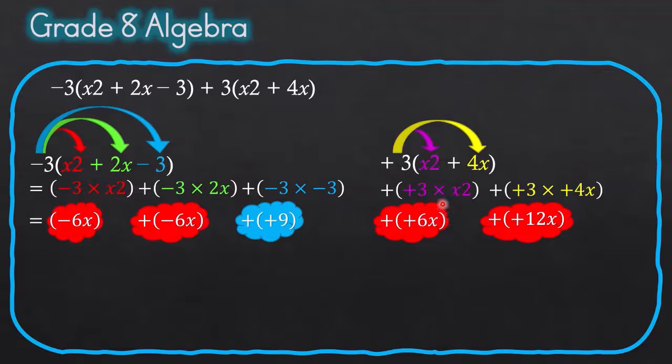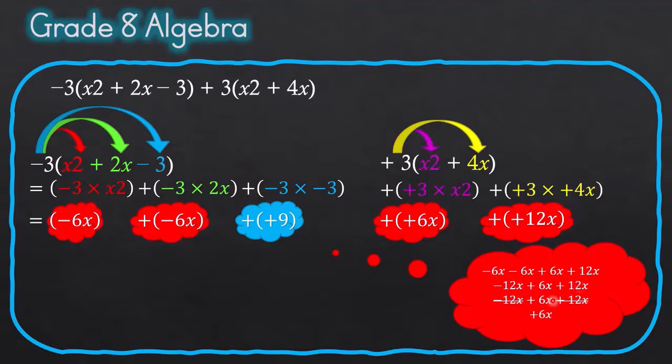If I add a positive 6, that gives me negative 6, plus 12 gives me a positive 6. Negative 6 and negative 6 gives me negative 12. I still have to add a positive 6 and positive 12. This negative 12 and that positive 12 can cancel each other out. Then I'm left with just plus 6. So in my equation, I've got a 6x and my blue is just plus 9. And that is what I end up with.